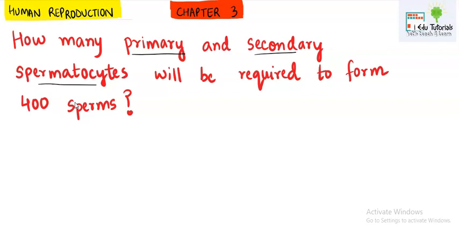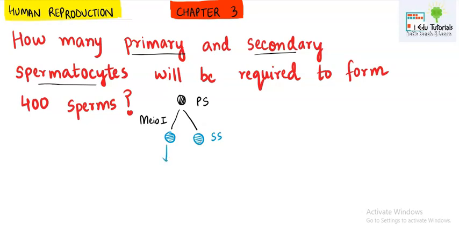So let's understand first. One primary spermatocyte, here PS means primary spermatocyte, undergoes meiosis 1 and forms 2 secondary spermatocytes. That means from one primary spermatocyte, how many secondary spermatocytes are forming? 2 are forming. This you need to learn.